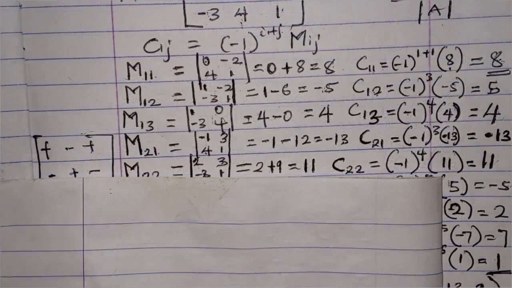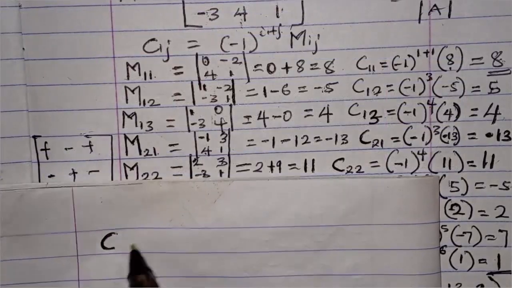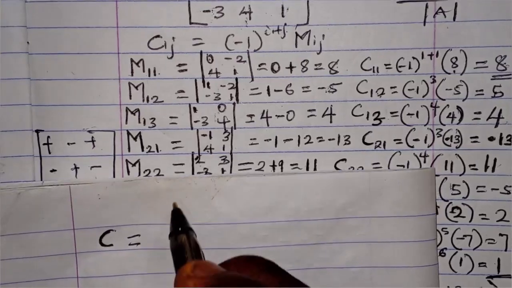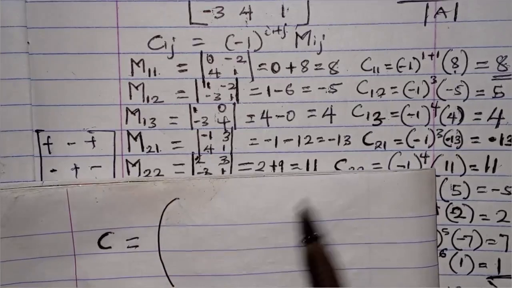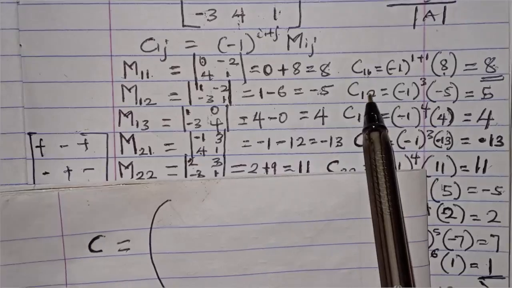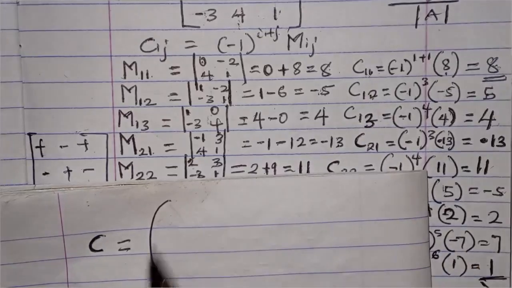Let's write the matrix of cofactors. Let C represent the matrix of cofactors. C11, C12, and C13, that's 8, 5, 4, will be on the first row.